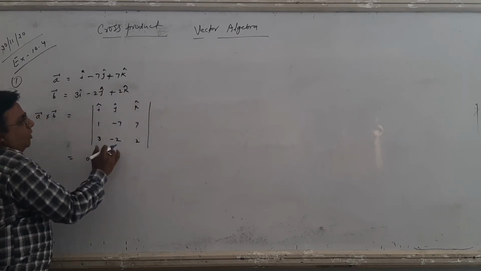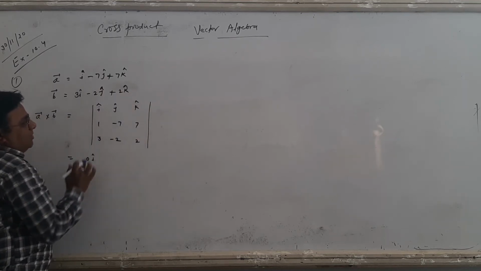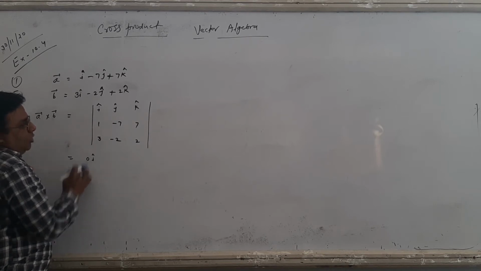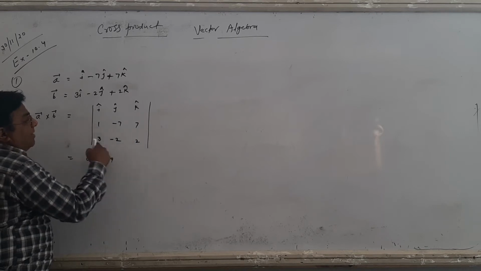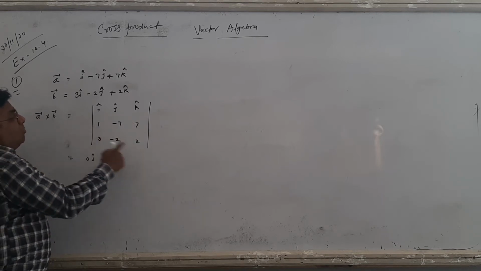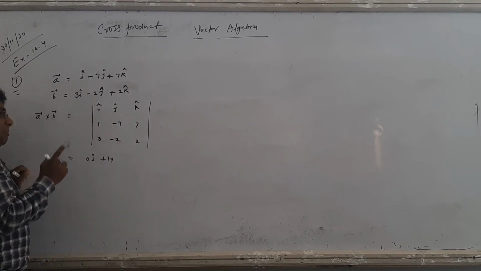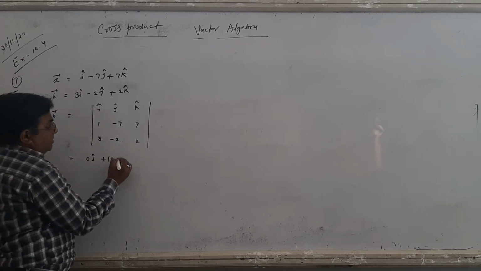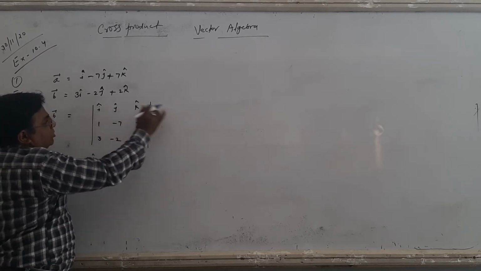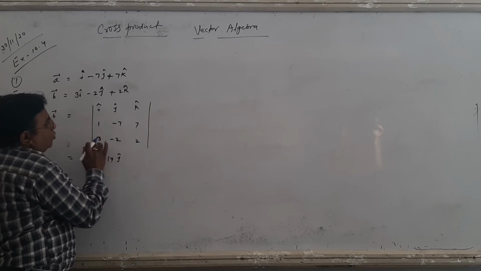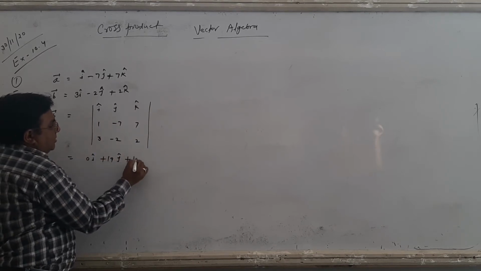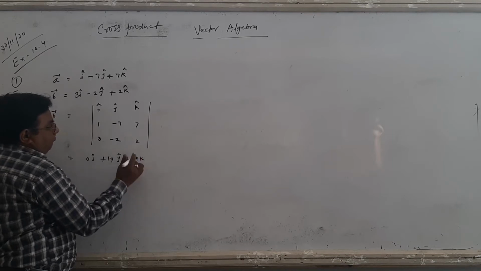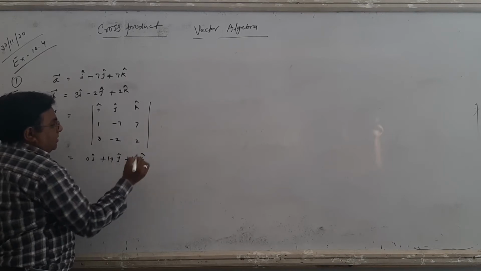First row, second column: 2 minus 21, that is minus 19, but the minor cofactor sign is plus, so plus 19 j cap. First row, third column: minus 2 plus 21, that is plus 19 k cap. This is A cross B.